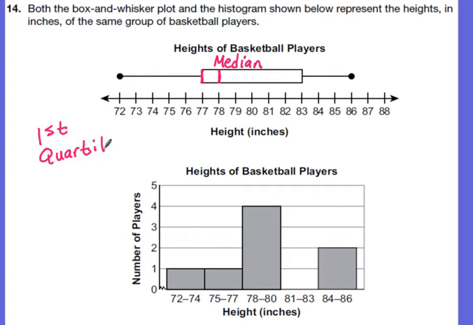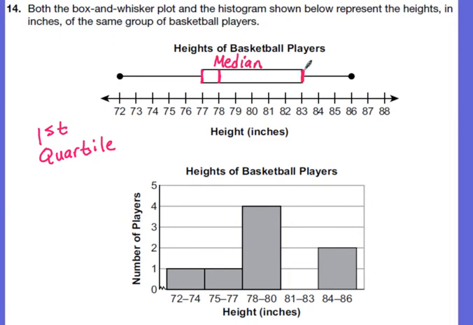In order to find the first quartile, all you do is consider the lower half of the data. So if you just talked about the lower half of the data, everything to the left of your median, and just found the median of that, then that would be the lower median or lower quartile or first quartile.